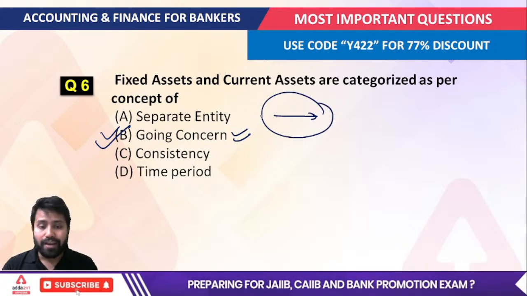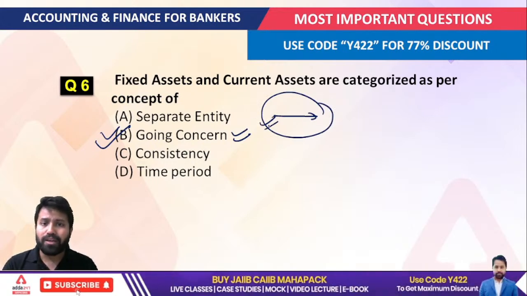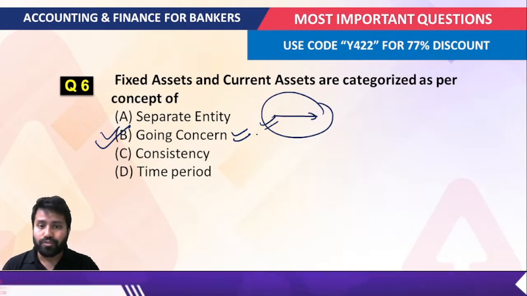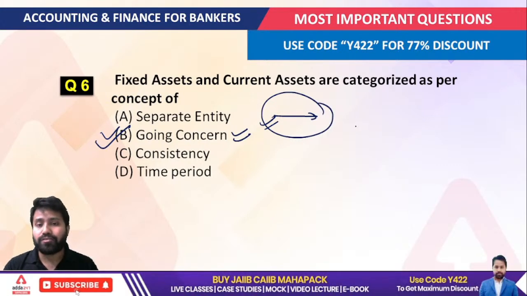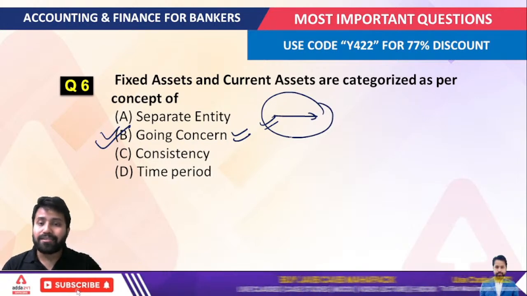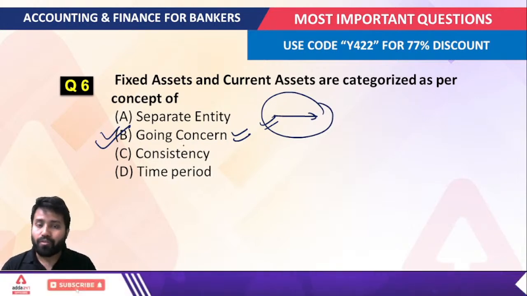The company will be able to meet whatever liabilities it has, and the company will continue its operation in the next years also. So that is the going concern concept.